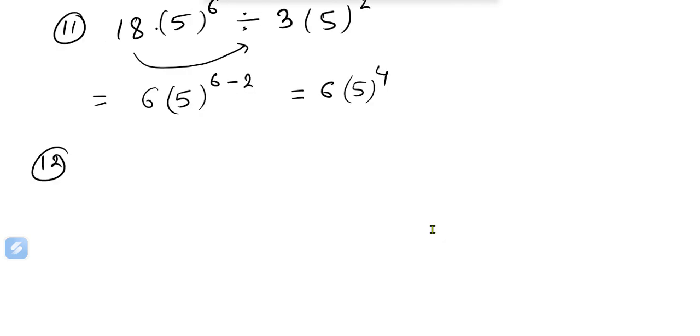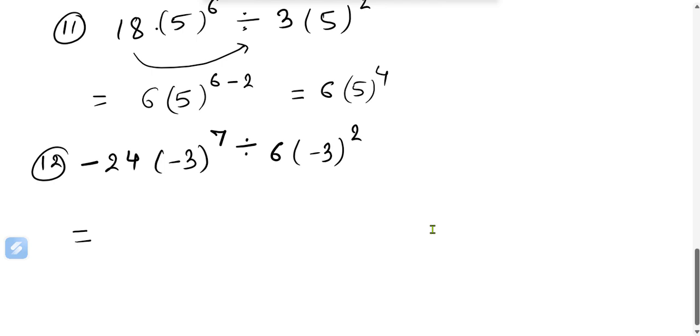Next, minus 24 and minus 3, that has exponent 7 divided by 6 minus 3, the exponent is 2. Again, because there is the minus and there is plus, pluses.